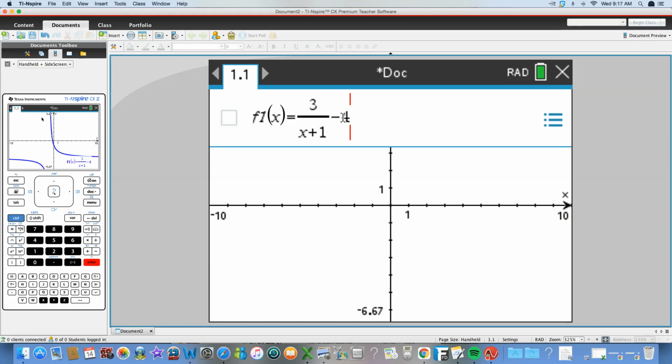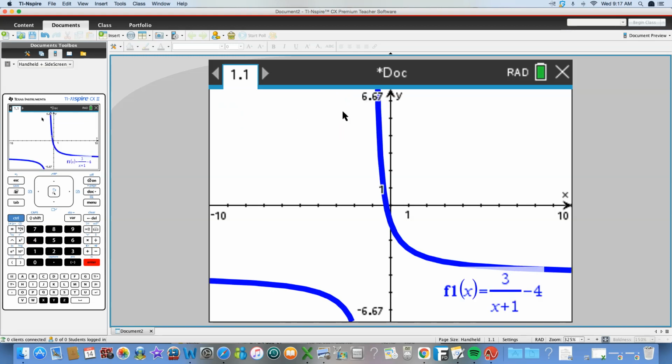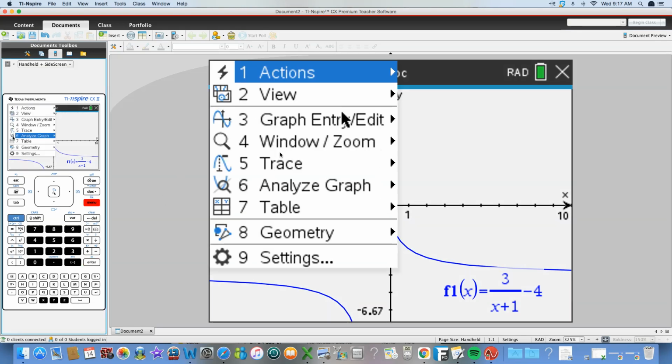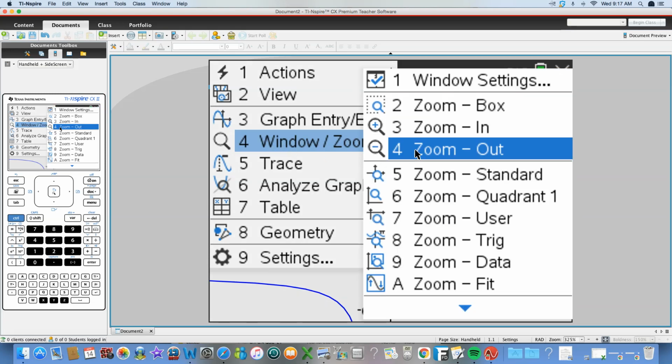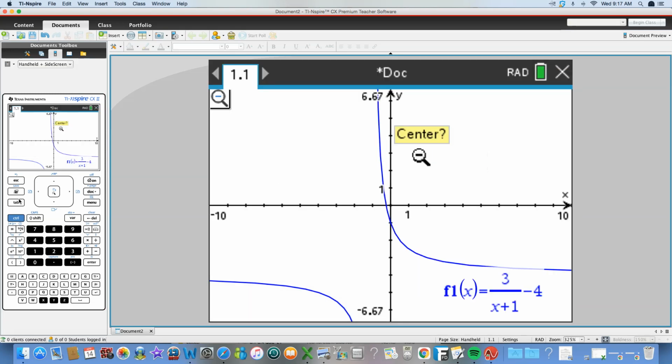And this is what our graph looks like. I'm going to zoom out just one time, just to give us a better view of this. So this makes sense. This looks like one of our rational graphs that we graphed before break.